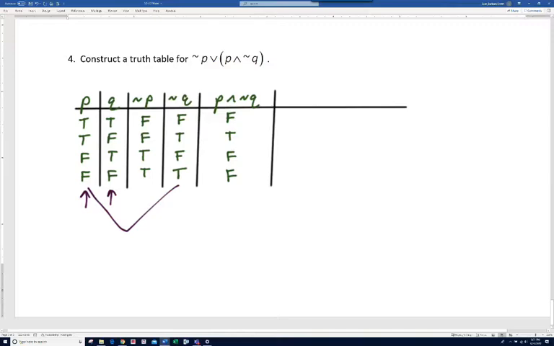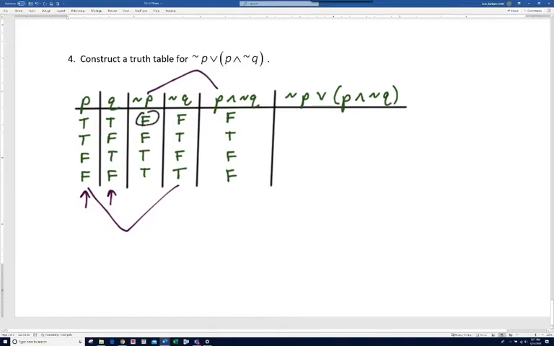So finally, we're ready to put the whole statement together, not P or the quantity P and not Q. So now we have an or statement with these 2 columns here. Now we know an or statement, usually it is true unless both statements are false.